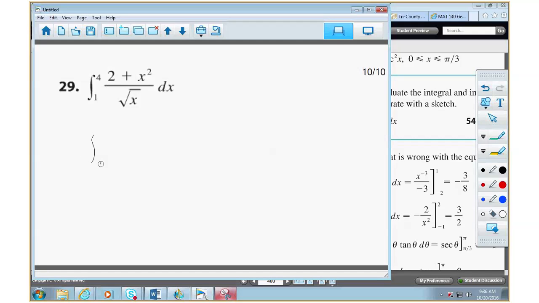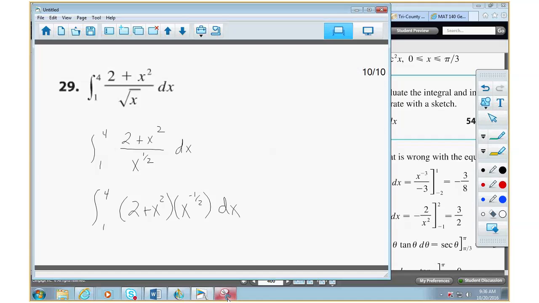The antiderivative from 1 to 4 of 2 plus x squared over x to the 1/2 dx. The antiderivative from 1 to 4 of 2 plus x squared times x to the what? Negative 1/2.